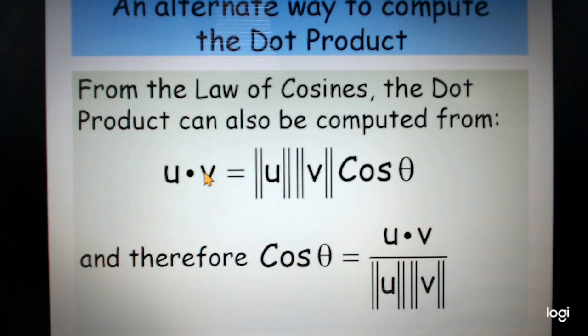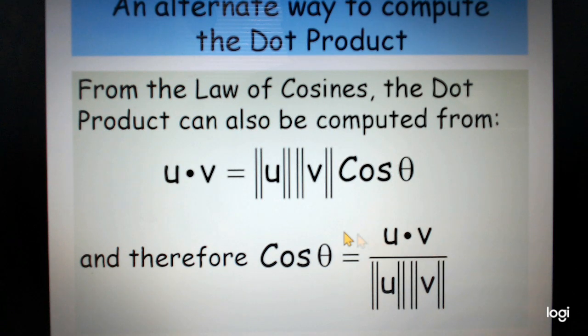The dot product U dot V is the magnitude of U times the magnitude of V times the cosine of the angle between them. So what that lets us do is we can solve for cosine theta, and this gives us a way of determining the angle between two vectors. All right, so this is going to be extremely useful.